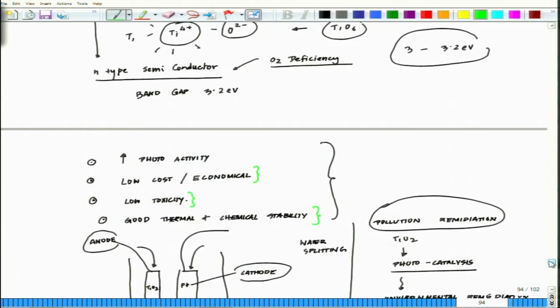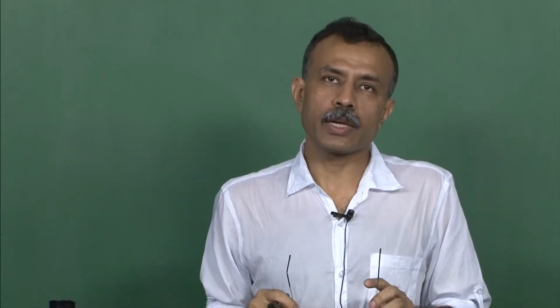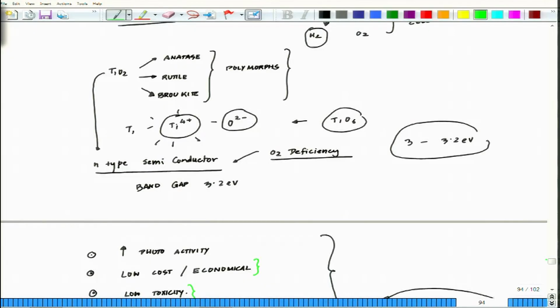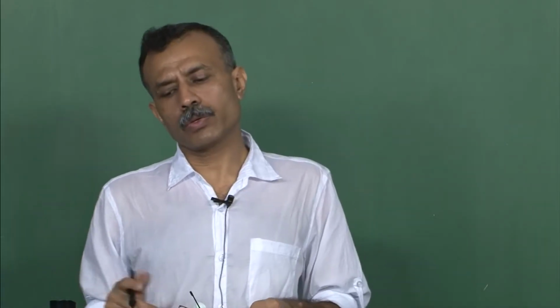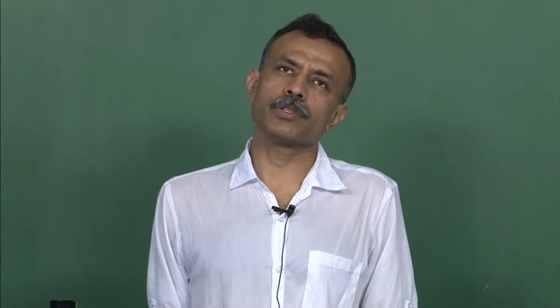These properties are to be kept in mind while we talk about synthesizing any of these materials. So, in the future, much thrust will be on understanding the economics of the nanomaterials, their multifunctionality, their sustainability, their green manufacturing technologies.